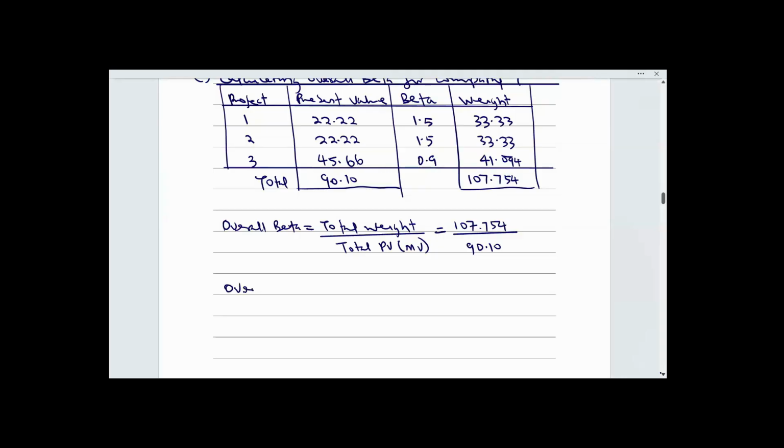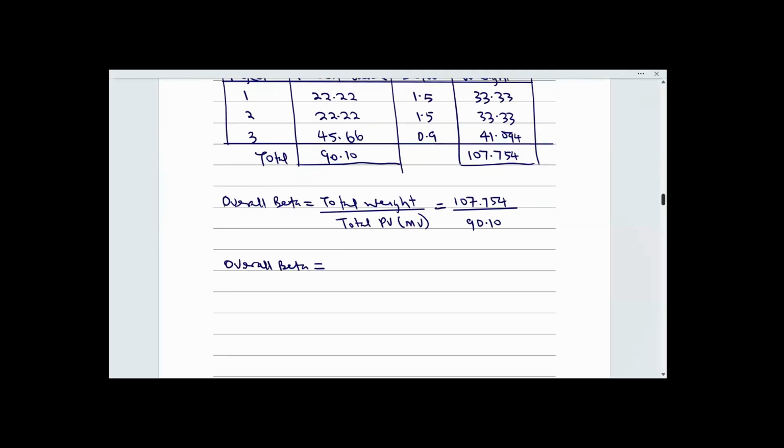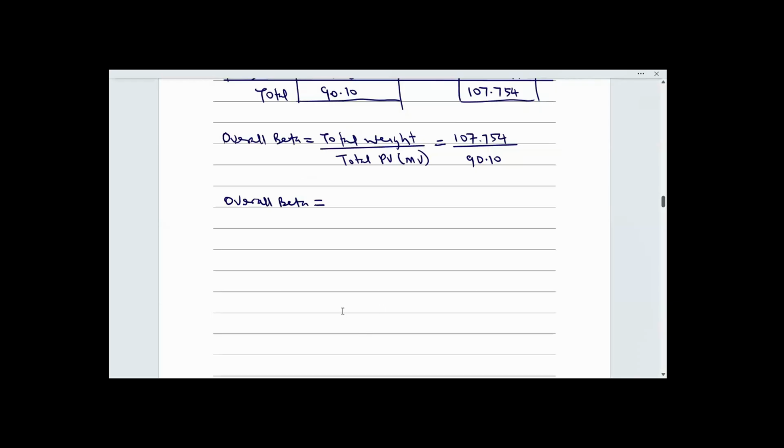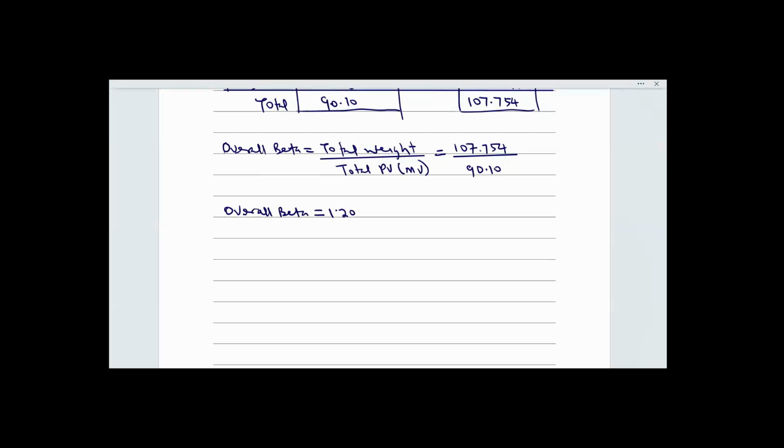So the overall beta, what do you have there? 1.20, right? Yes, sir. Okay. So I would then say the overall beta of the portfolio is 1.2.